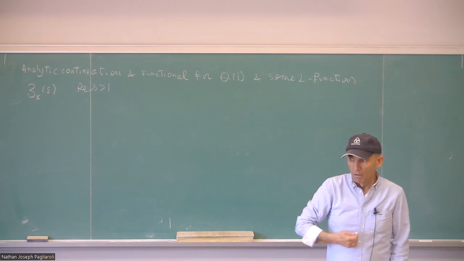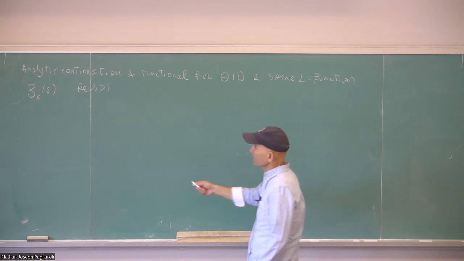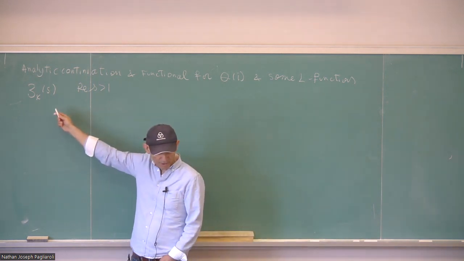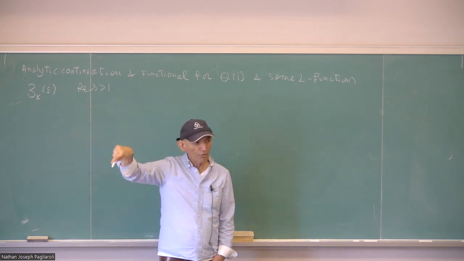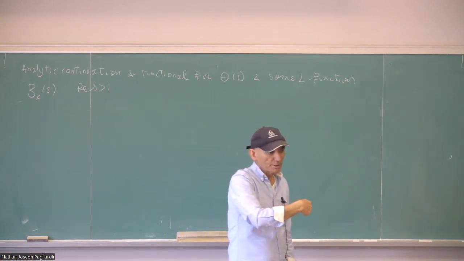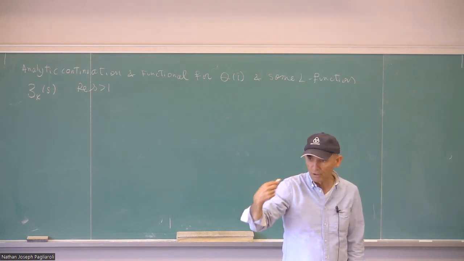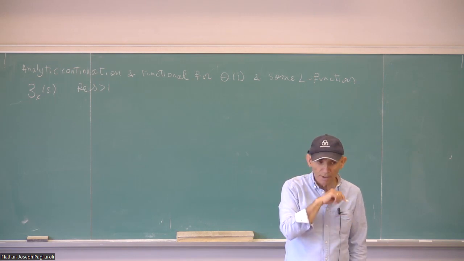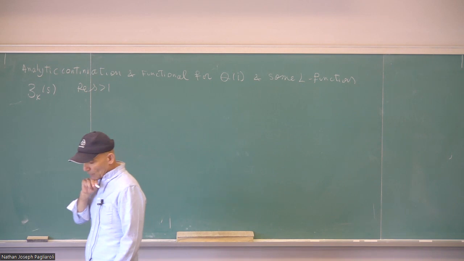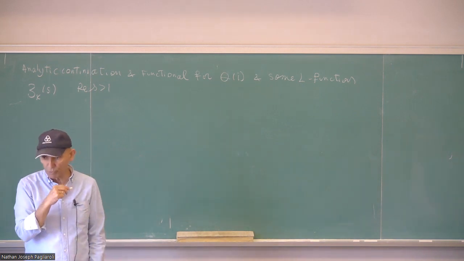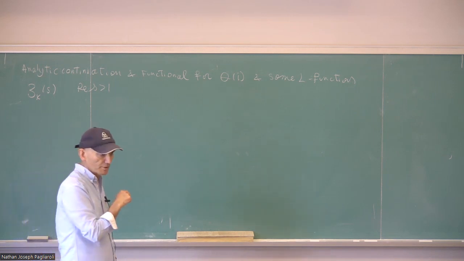For example, even if you use the factorization of zeta K in terms of the zeta function and that L function, we don't know how it can be analytically continued. I'm talking about 1 minus 1 over 3^s plus 1 over 5^s. That's not obvious how to continue analytically. It turns out that there is a method, modeled after Riemann's proof using theta functions, which works for all number fields.